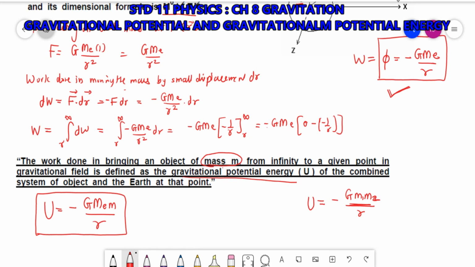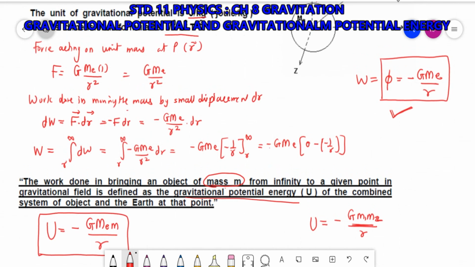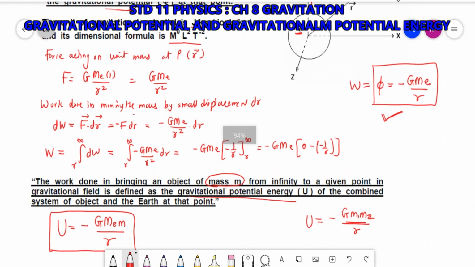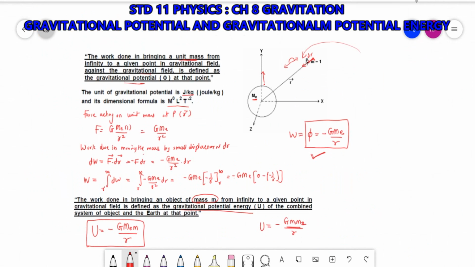So this was about gravitational potential and gravitational potential energy. So just note down this topic. This is for, you can write down, in absence of gravitational field due to Earth.